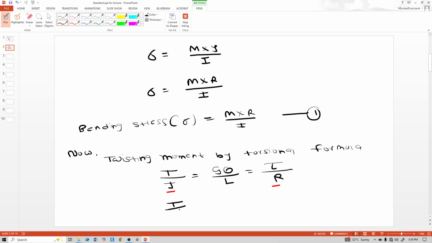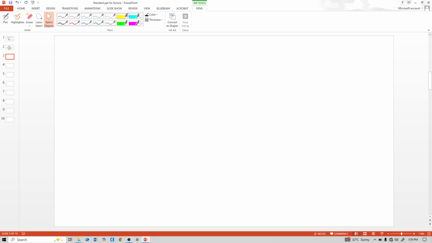So T by J is equal to tau by R. T is equal to tau J by R. This J is the polar moment of inertia and it is 2I, 2 into moment of inertia, Ixx plus Iyy.